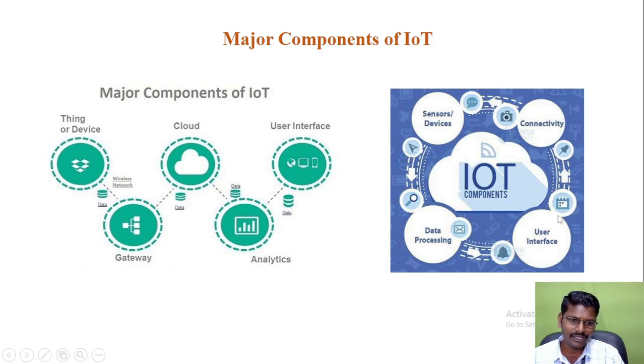Then, based on the user commands or request, it will be fed to the network, that is the internet, with the help of gateways. Then it will be fed again to the sensors, where the control actions can be done.